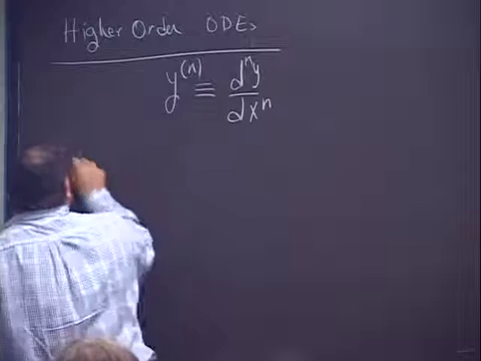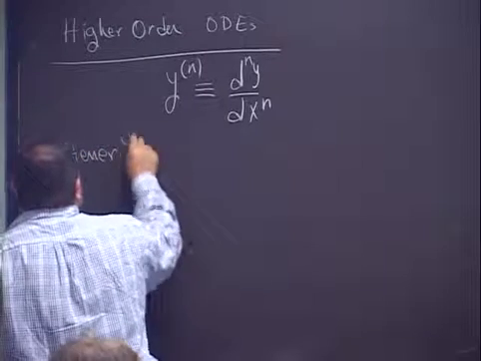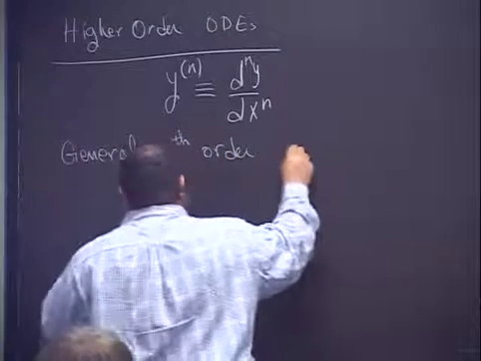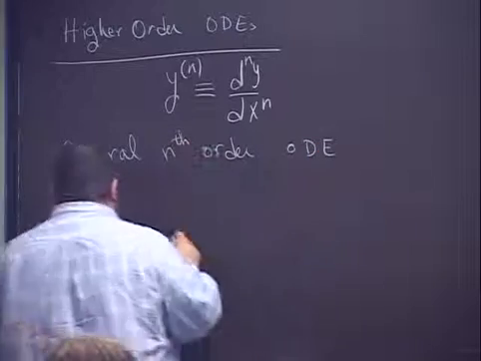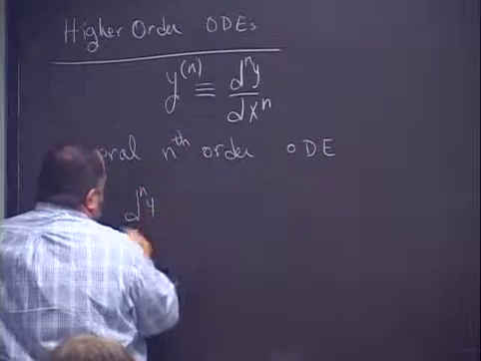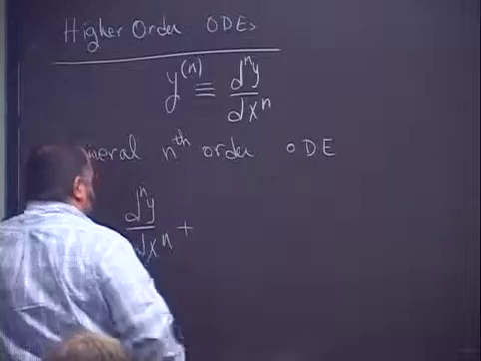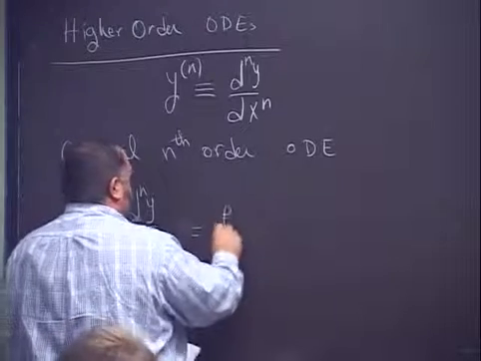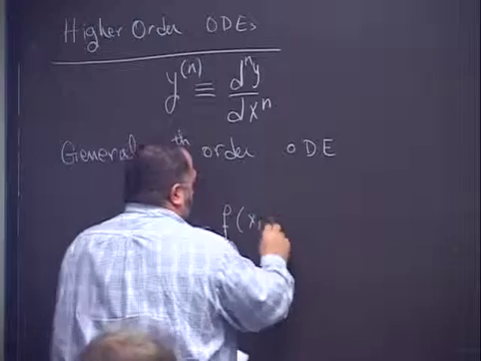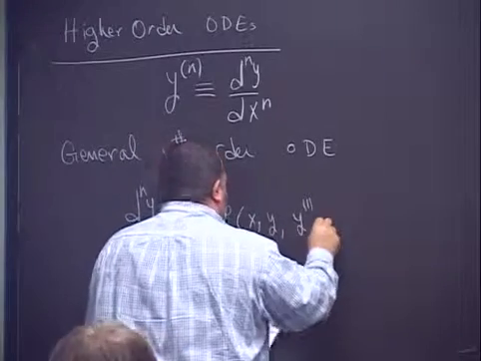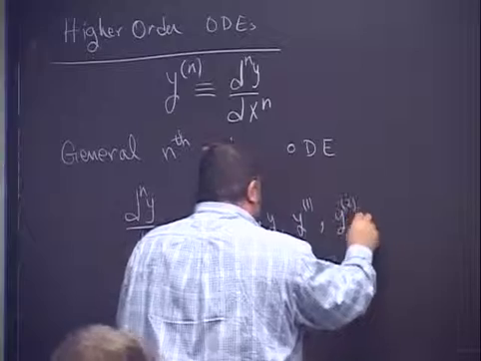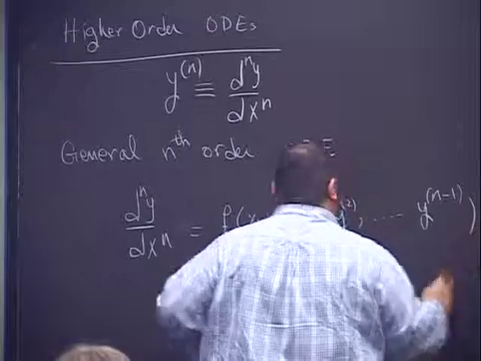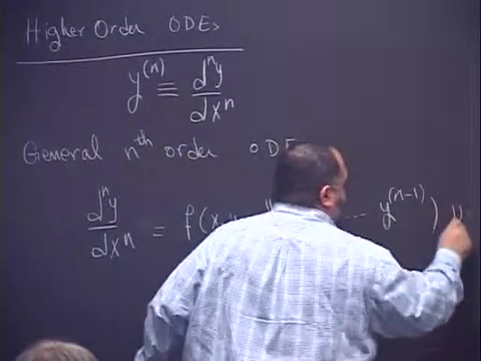So the general nth order ODE usually will have the form d^n y by dx^n equal to some function of x, y, y1, y2, up to y^(n-1). Let's call this equation number 1.